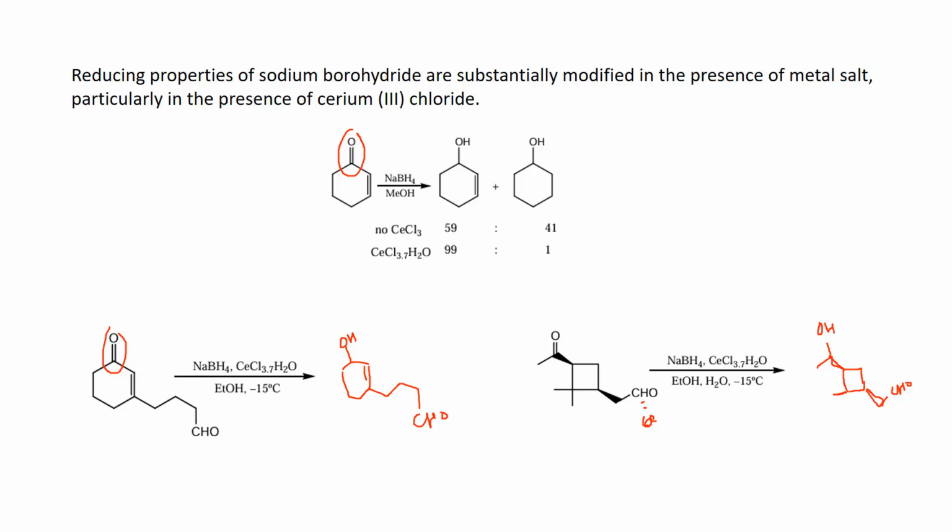Whichever is the most reactive group will be chelated, and whichever is the second reactive group will react and give us our product. This is a shortcut. Because the most reactive group is already reacting with the cerium chloride and gets chelated, it gets blocked. So the second reacting group comes close to the NaBH4 and gives us our product.